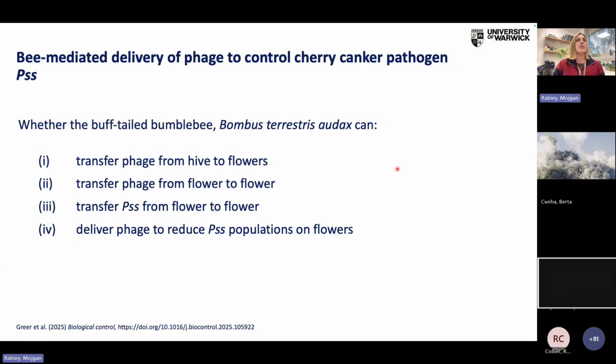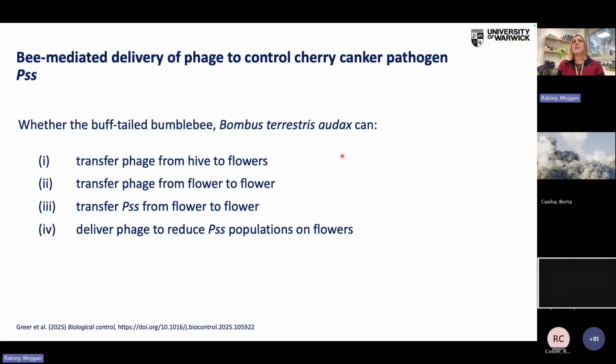The first was whether the buff-tailed bumblebee, Bombus terrestris audax, which is a European native species and a commercial bumblebee species, could transfer phage from hives to flowers. The second was whether these bees could transfer phage from flower to flower. And as well as moving phage, could bees also vector the pathogen?